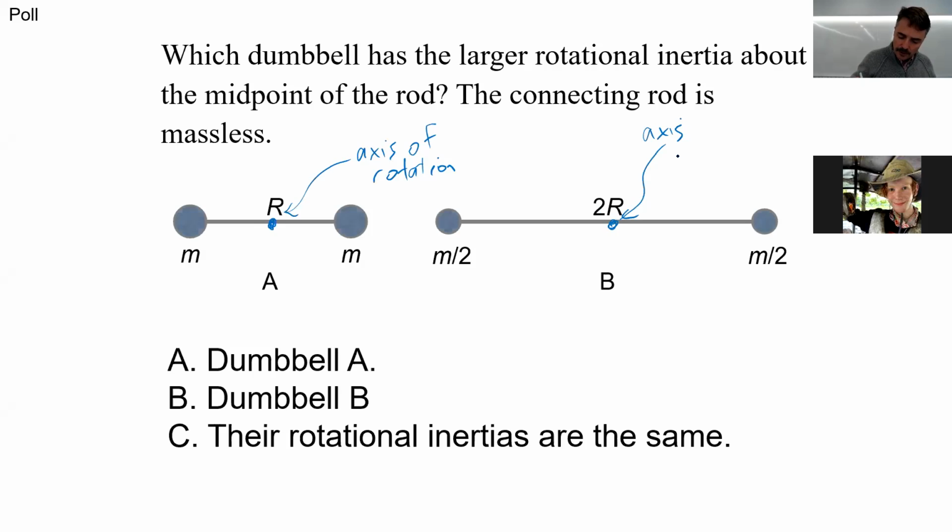That's where you're going to measure r from. Remember that I is equal to the sum of all the m times r squareds. It says here the connecting rod is of negligible mass, like a plastic rod or something.